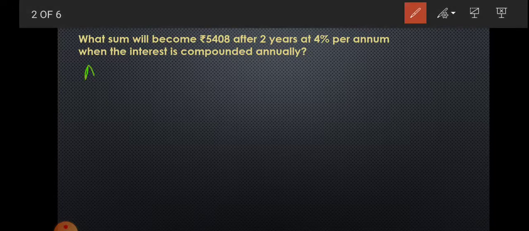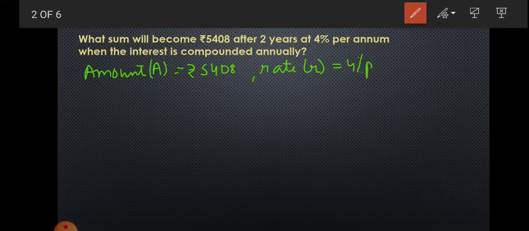Here amount is rupees 5408. Rate is 4% per annum. Time is 2 years. We need to find the principal.